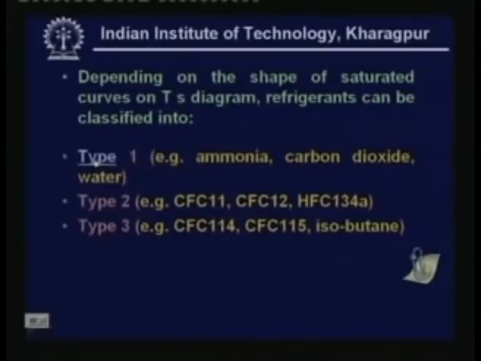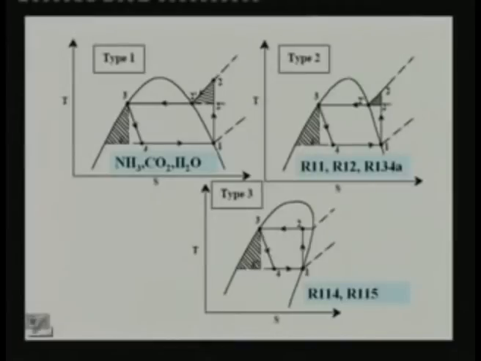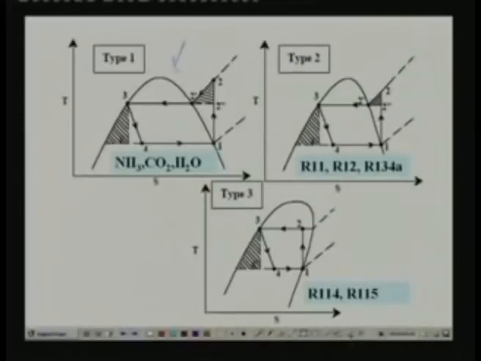Type 1 refrigerants have a vapor dome that is almost symmetrical. Since the vapor dome is symmetric, the losses due to the superheat horn and due to throttling are of almost the same magnitude, that means both are important for type 1 refrigerants.